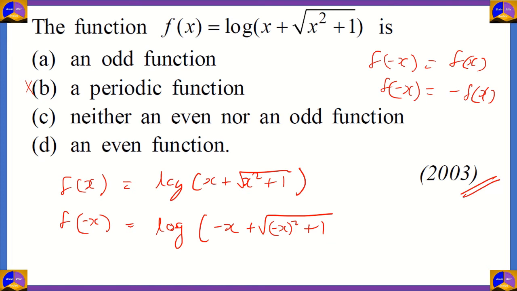So this is the value of f of minus x. So minus x the whole square can be written down as x squared. So this f of minus x will become log of minus x plus root of x squared plus 1. So this doesn't get us anywhere.